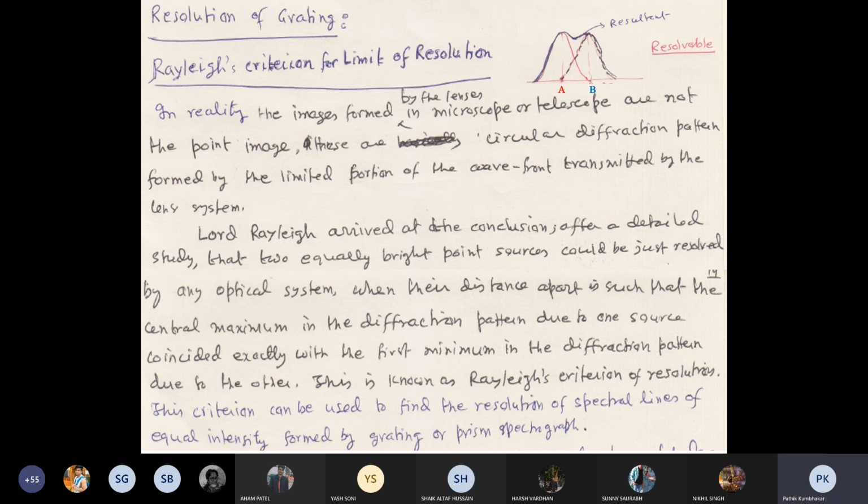So there is a criterion that Lord Rayleigh arrived at after a detailed study: two equally bright point sources, say both are equally bright, would be just resolved by any optical system when their distance apart is such that the central maximum in the diffraction pattern due to one source, I repeat, the central maximum in the diffraction pattern due to one source coincides exactly with the first minimum in the diffraction pattern due to the other.